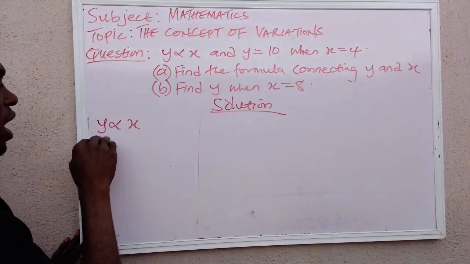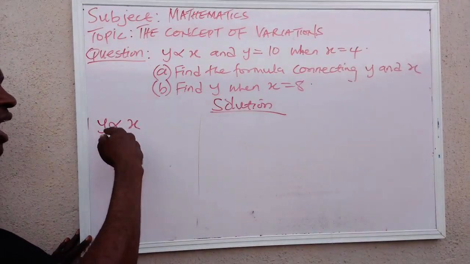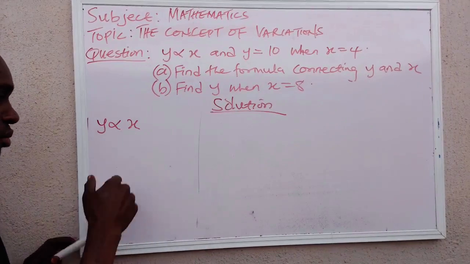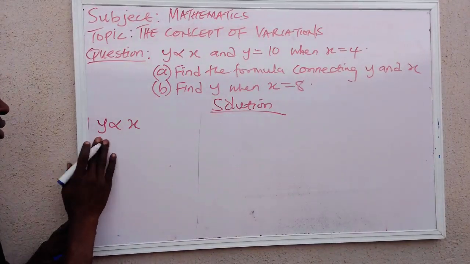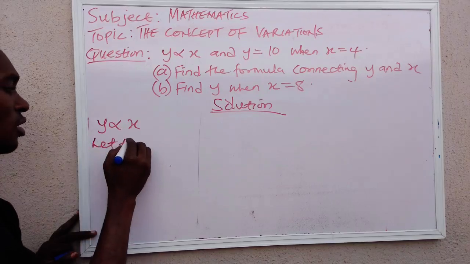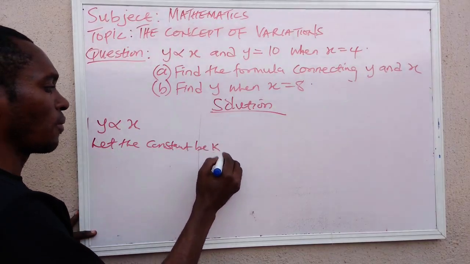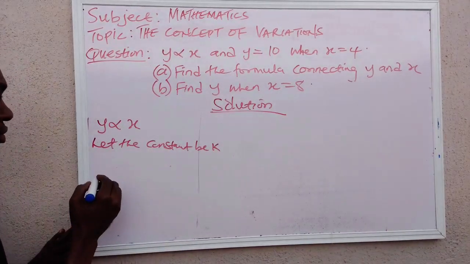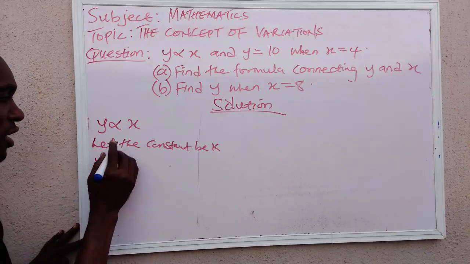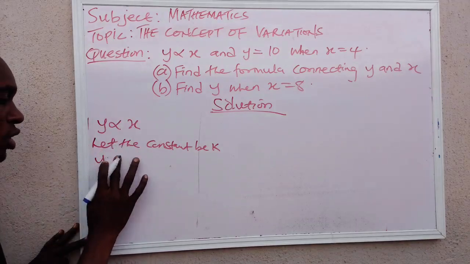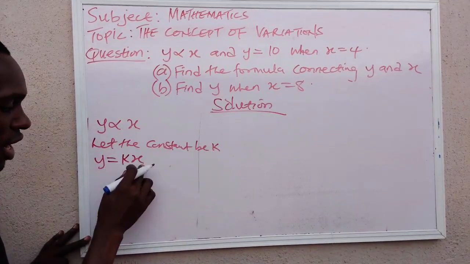Don't forget the constant should always come after the sign of proportionality. Let the constant be k. So y is equal to, since I want to remove the sign of proportionality, I introduce an equal sign, and k comes after it: y = kx.